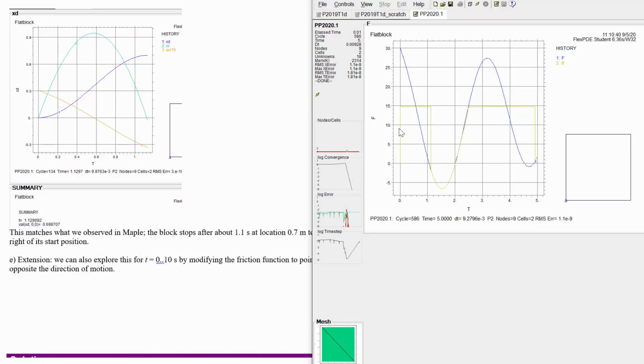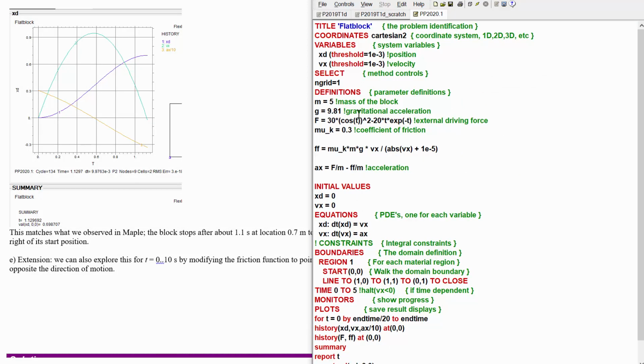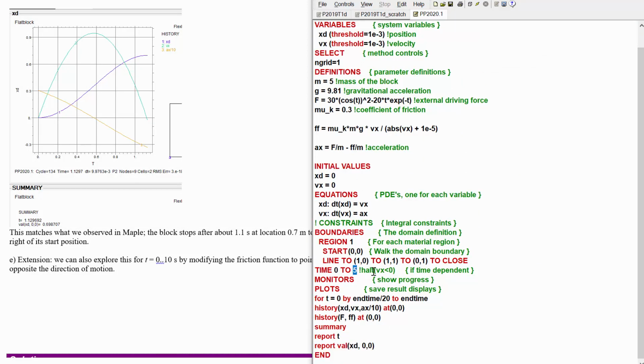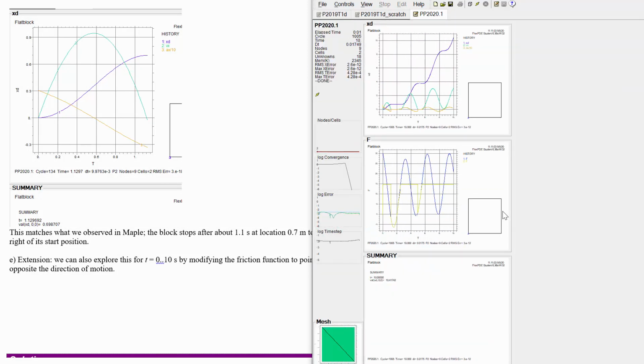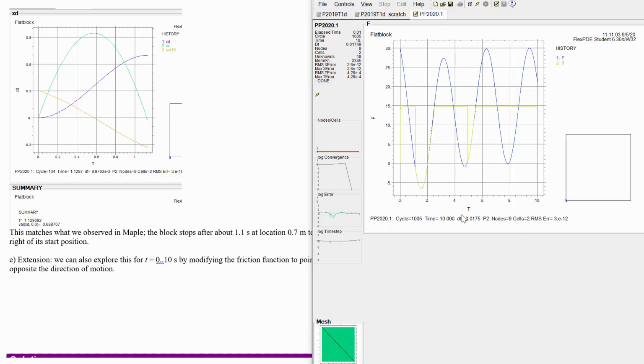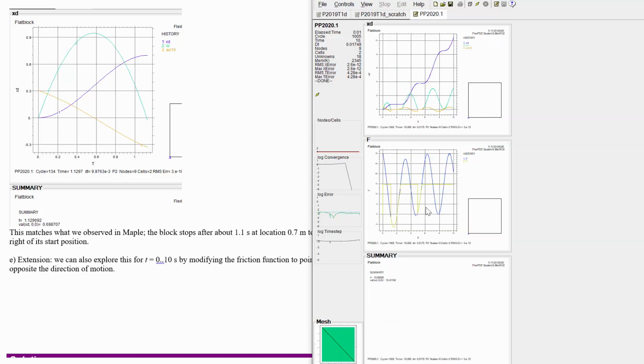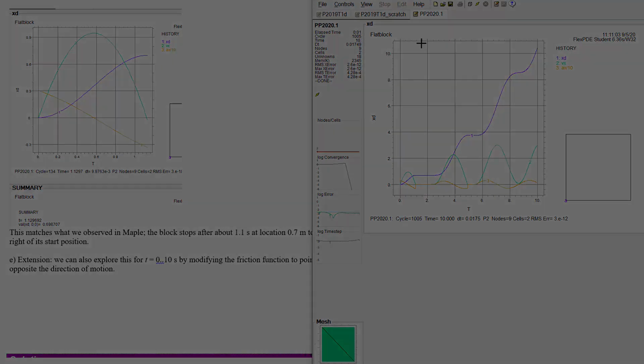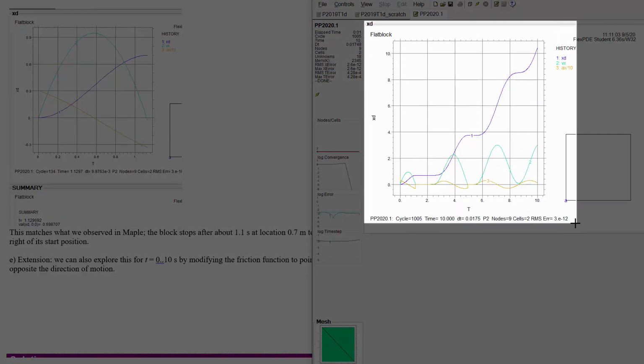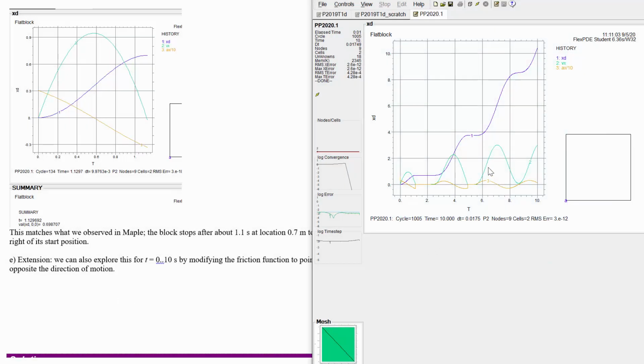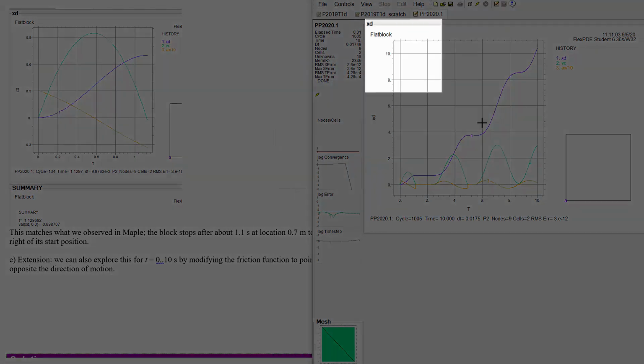Let's include, I guess we need it up to 10 seconds. Yeah, so let's change this to 10 and include this set of plots as well. So now we can see what this would be. Oh, I cut off the legend a bit. Let's try another screenshot.